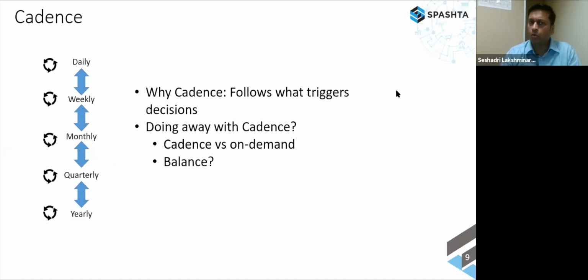And can we do away with cadence? That's a question that's been asked increasingly, and that's because now a lot of supply chains are 24/7, and you can get delivery at any point in time. You can have production anywhere. A lot of production runs 3 shifts. Why should we even bother setting any cadence at all?